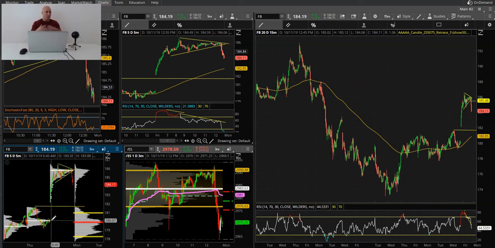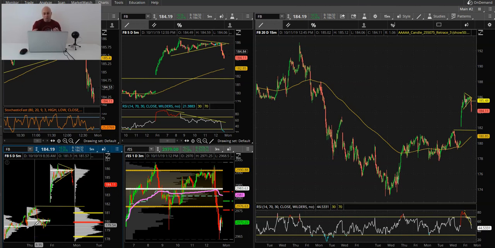A gap, if you don't know, is where we close one day and then the next morning we open regular trading hours higher or lower from that level. Well, this gap also coincides with the point of control, which is the red line, which means where the most volume has traded over this time period. And again, this is for 5 days.